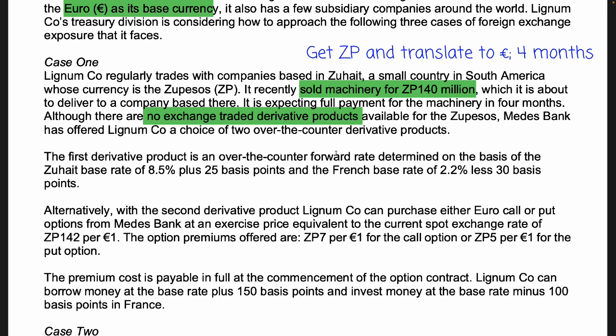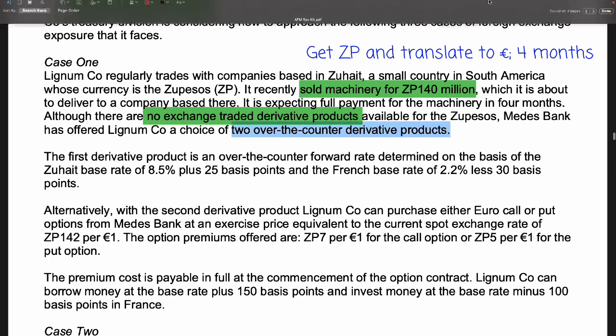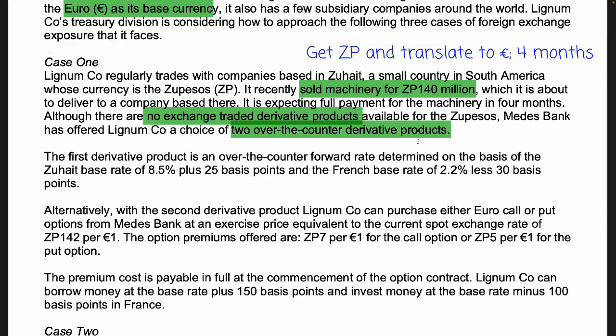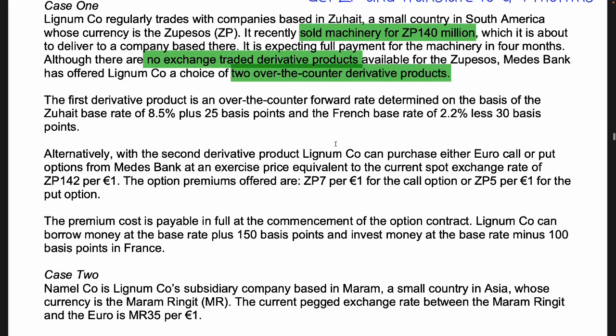Medis Bank has offered a choice of two over-the-counter derivative products, OTC. I am suspicious of an OTC type question this time also, because we've done a lot of ETOs, exchange traded options and derivatives. This is OTC. This question hasn't come out for some time, so there's a chance.